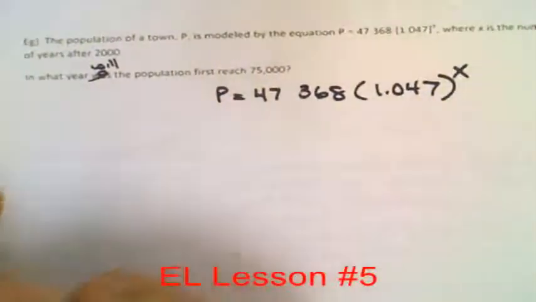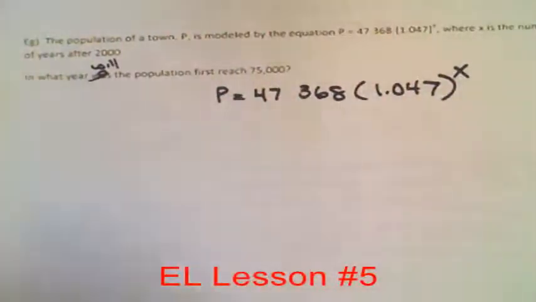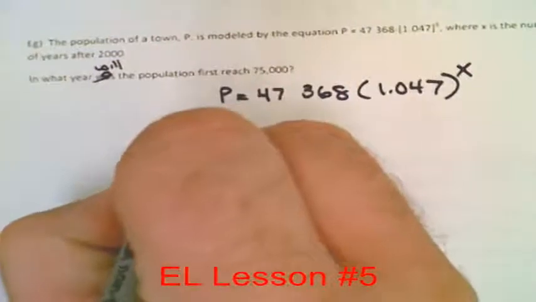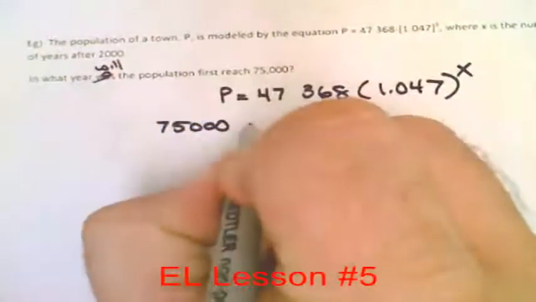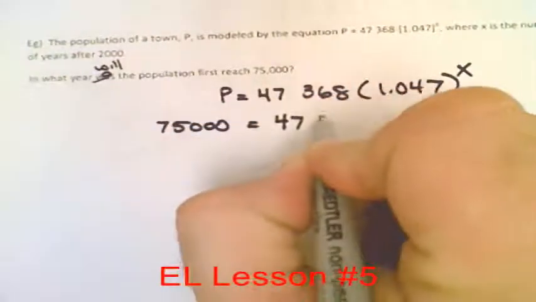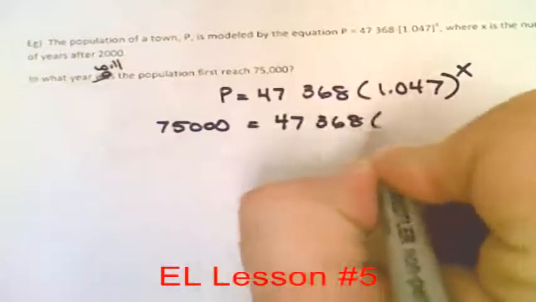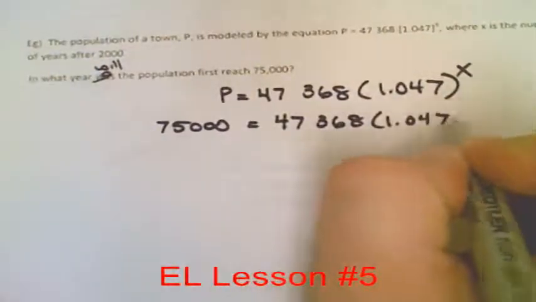In what year will the population first reach 75,000?